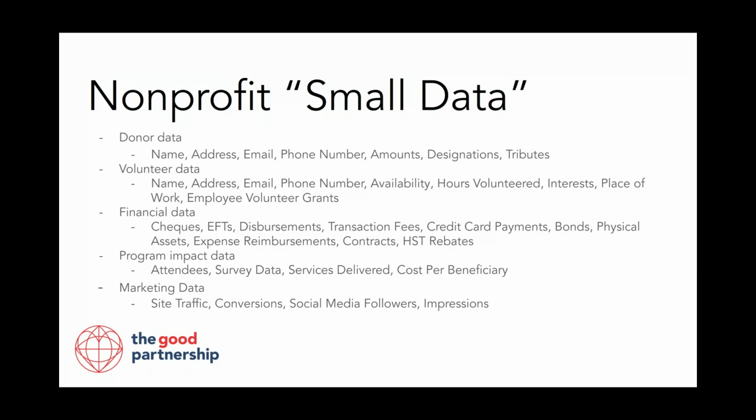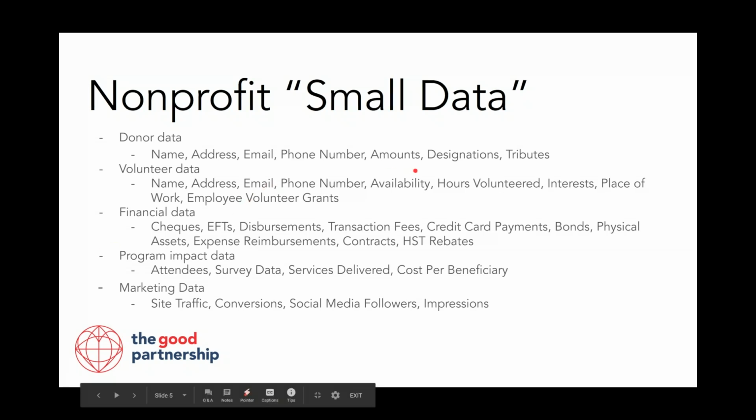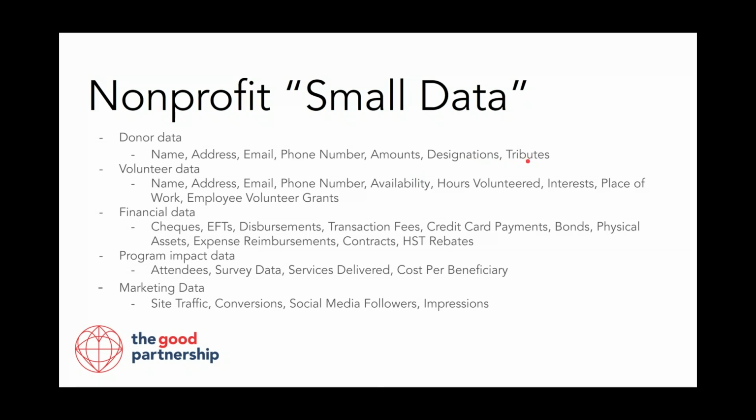And not only that, when you're not able to cross-reference two data points against each other, you're missing out on some valuable insight. So for example, you might want to know, based on a donor, their place of work. That might be something that you collect when you ask for a donation.